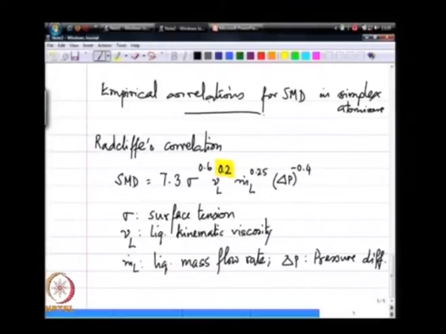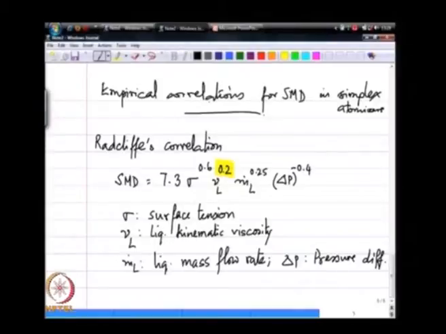There is one serious shortcoming with writing an equation like this. That is the fact that an equation like this is dimensionally incorrect. That is, all of your quantities sigma, nu L, m dot L and delta P are dimensional quantities.